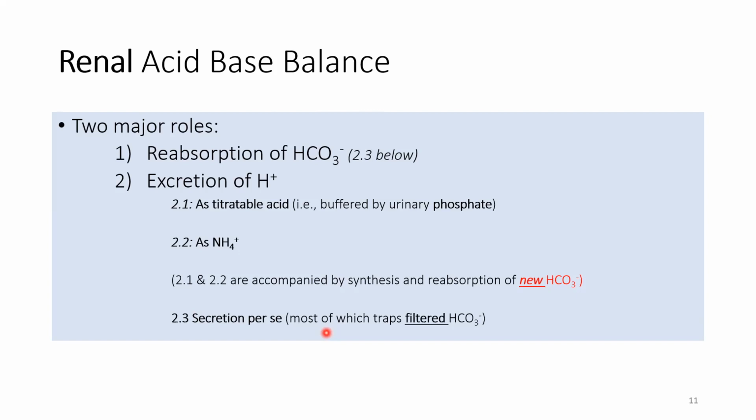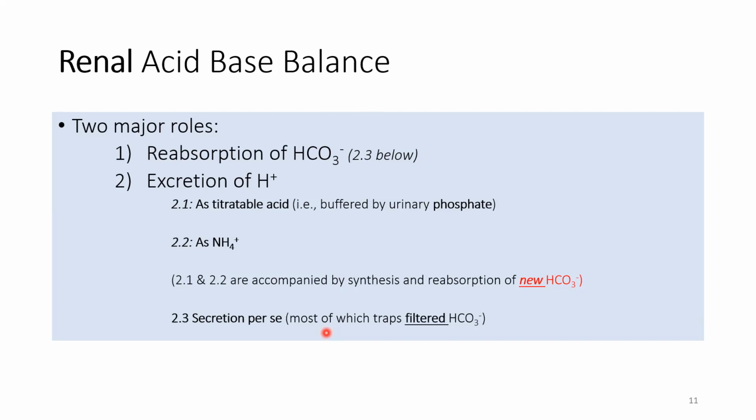Once again, GFR 180 liters per day, plasma bicarbonate 24 milliequivalents per liter. You multiply this, you get the filtered load of bicarbonate, 4,320 milliequivalents per day, right? Guess how much you excrete eventually of bicarbonate on a daily basis? It's hardly only 2 milliequivalents per day.